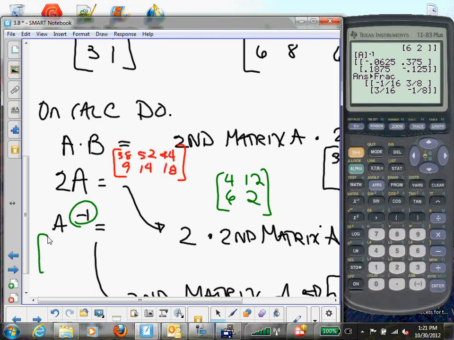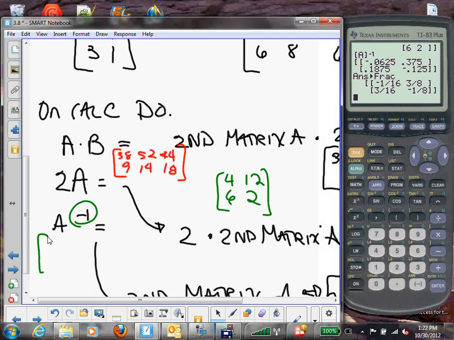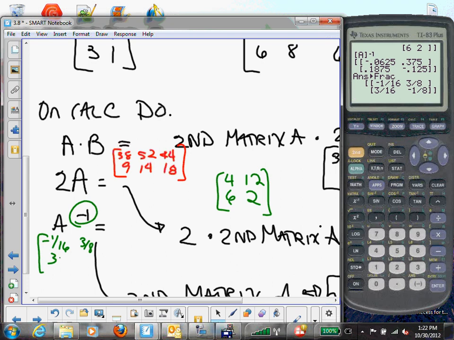The calculator can graph your graphs. The calculator can find the common point of intersection. But the calculator's doing all the work. Why does it work? That's what math is about, right? So once you know how to do it, show me, then let's learn how to use it on the calculator. Okay, so this is negative 1/16, 3/8, 3/16, and negative 1/8.